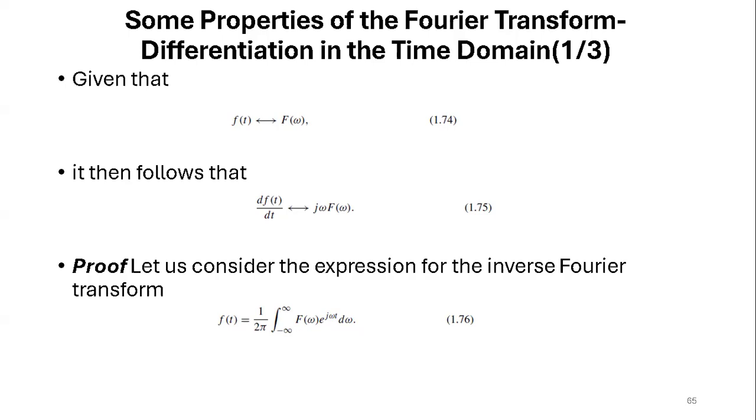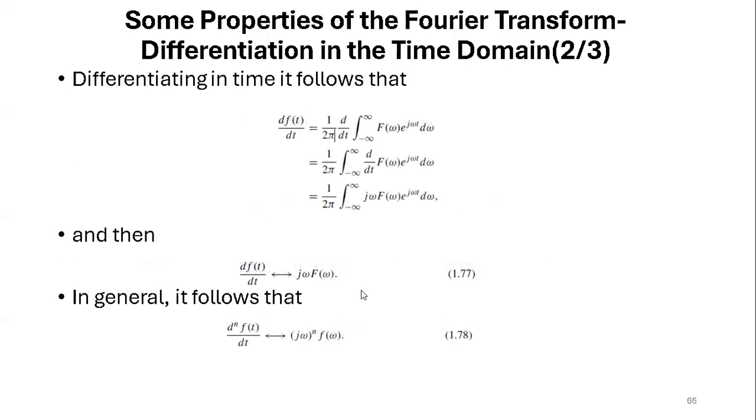Proof. Let us consider the expression for the inverse Fourier transform: f(t) is equal to 1 over 2 pi times the integral of F(omega) e to the j omega t d omega. Taking the derivative with respect to t, it follows that df(t) over dt is equal to 1 over 2 pi times the integral of j omega F(omega) e to the j omega t d omega.